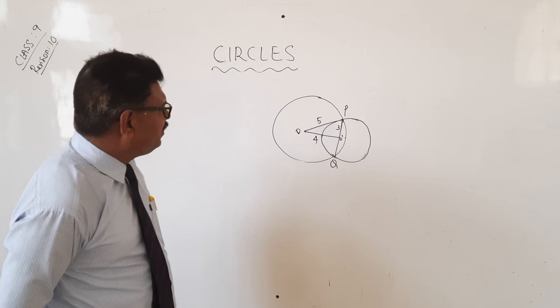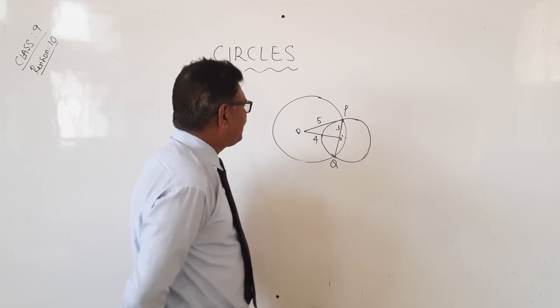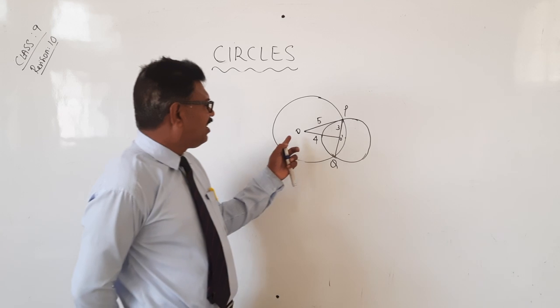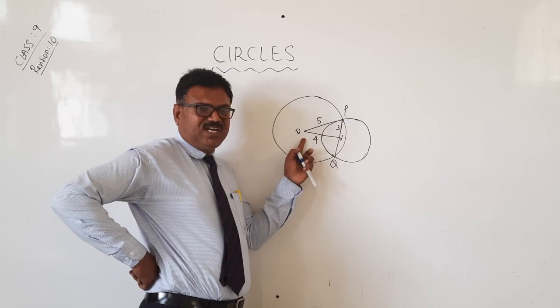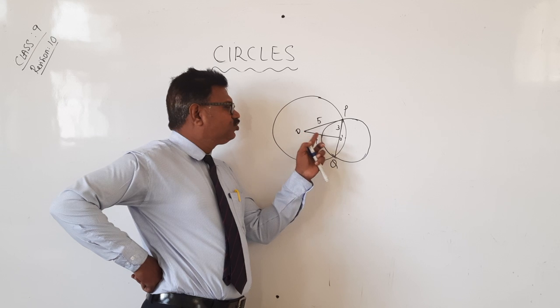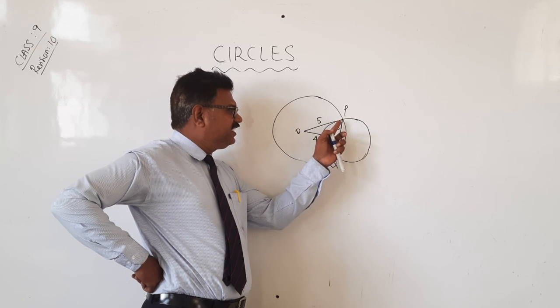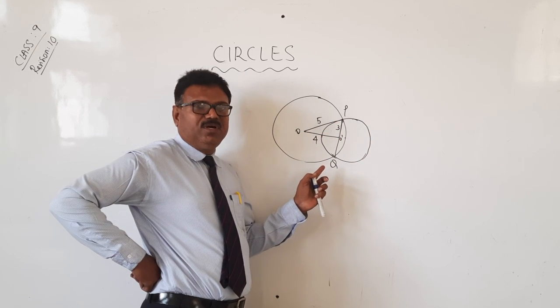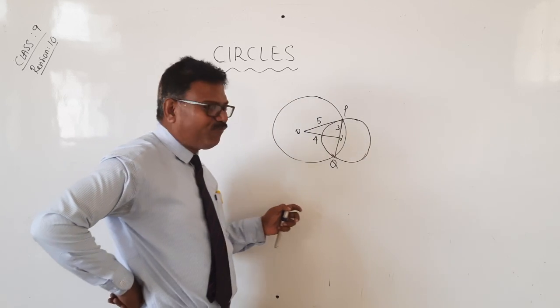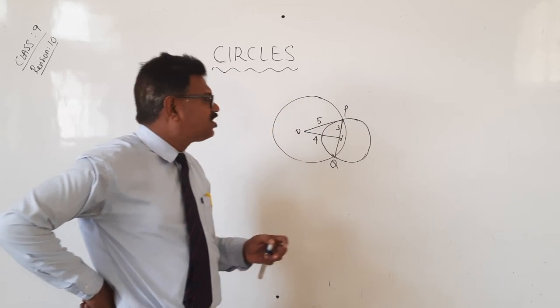So very simple. If you observe the triangle O dash P, O is the center of the first circle and O dash is the center of the other circle. These two are intersecting at P and Q respectively. So we should find out the distance of P and Q. It is a common chord.